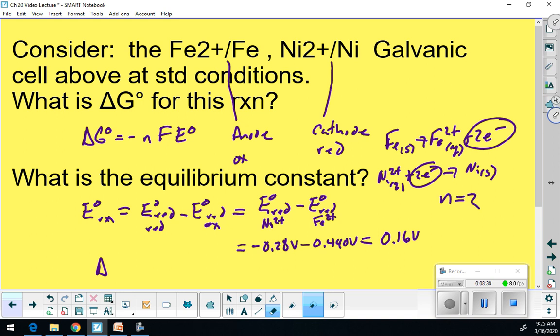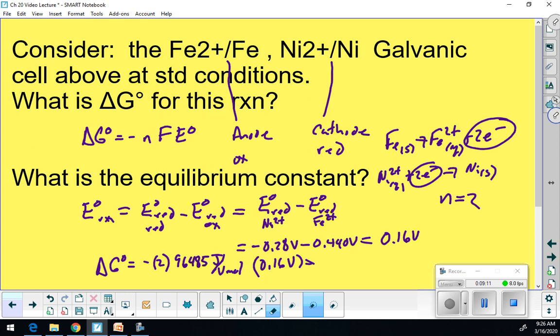Good. So my delta G prime is equal to negative 2 times my F, 96485 joules per volt mole, times 0.16 volts. Here we go. 2 times 96485 times 0.16.